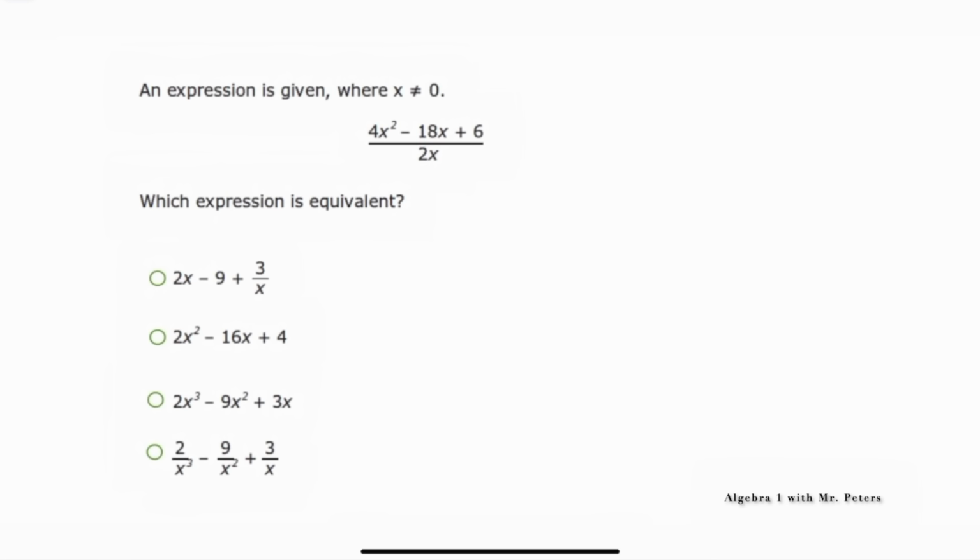So problem 22, they want us to simplify the polynomial by dividing. And what I normally tell students is to just kind of separate this and use properties of exponents, because we're talking about that quotient rule. So 4 divided by 2 is 2. X squared divided by x is just x. So off rip, just from the first one, we already know answer choice is A. But I know we want to double check.